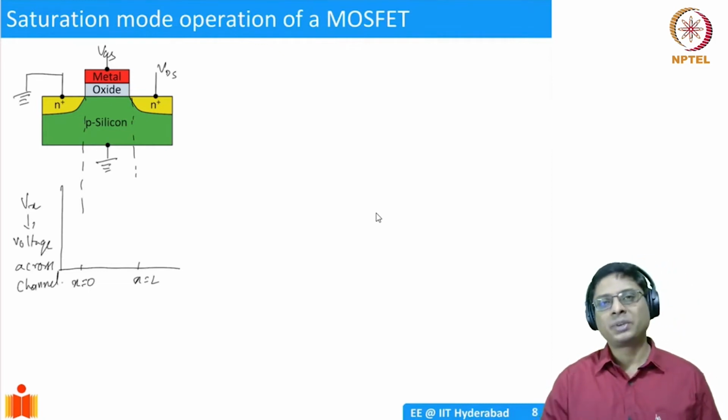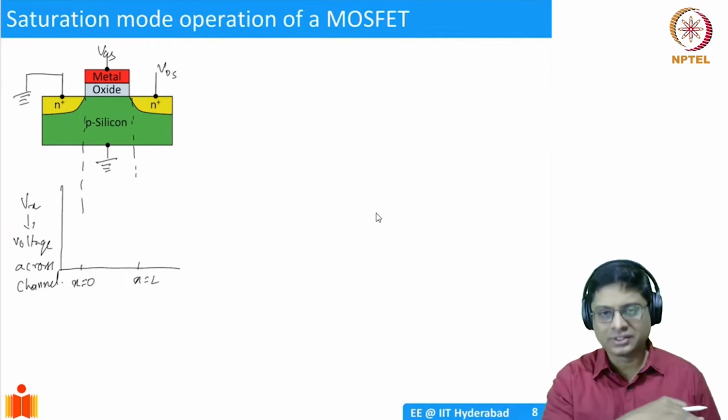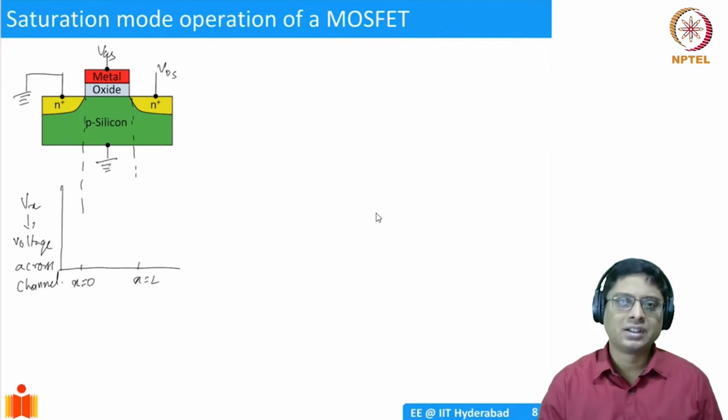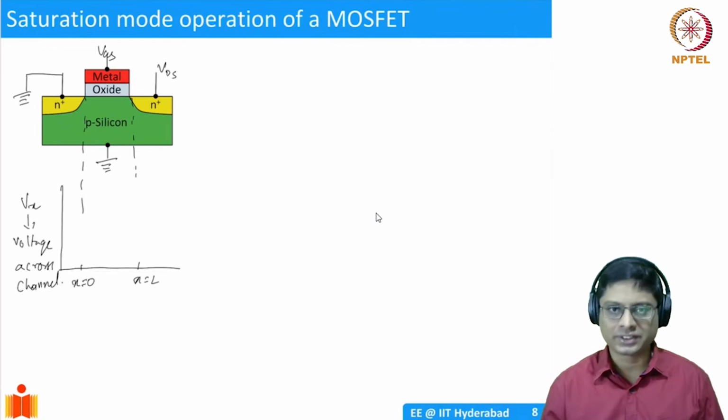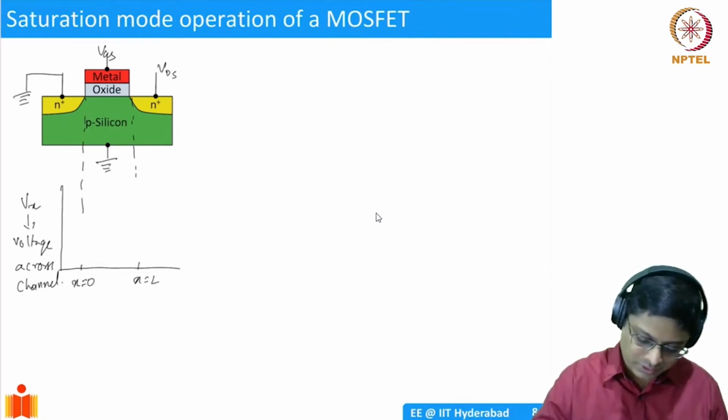What do you expect it to be? Well, when VDS was small, it's almost equal. I mean, there's negligible change in the voltage. But the moment there is a large VDS, the voltage actually varies across the channel and takes a form which is something like this.